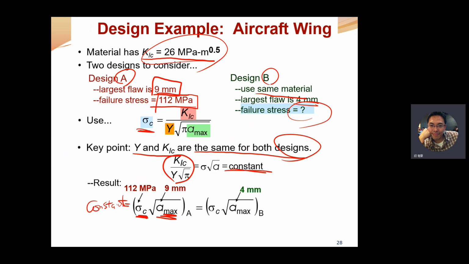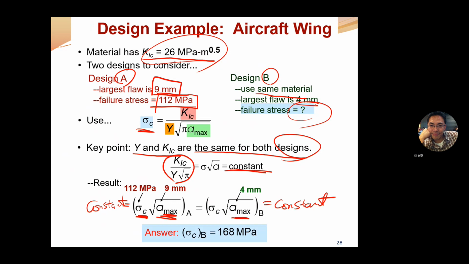For design B, we know its largest flaw size, and it equals the same constant, because they use the same material with the same geometric factor.